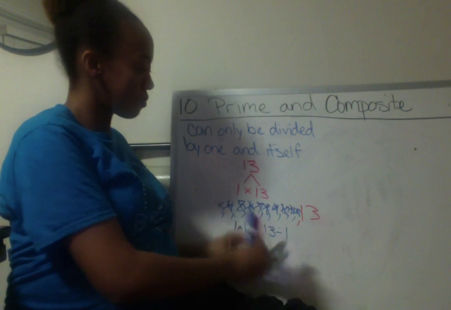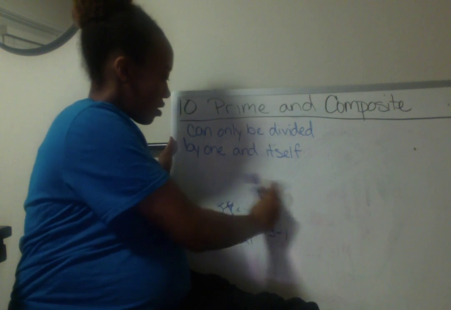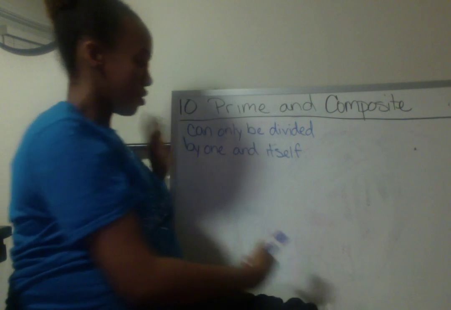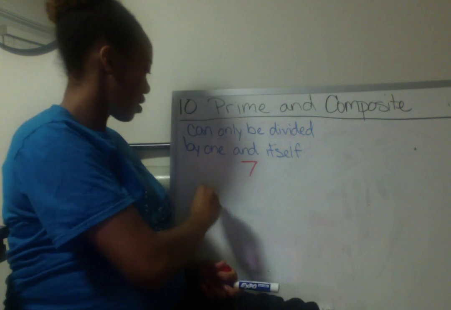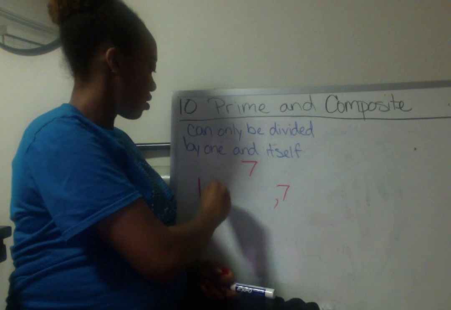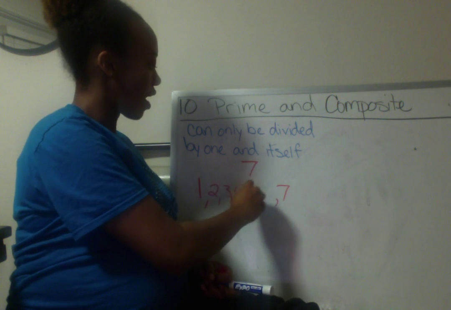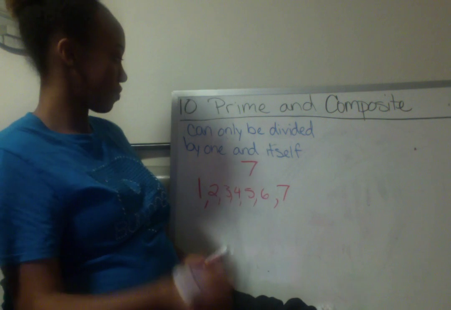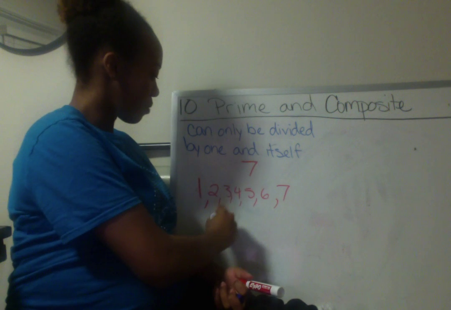Let's see another one. Seven. The numbers that fall between 1 and 7 are 2, 3, 4, 5, 6. Can I divide 7 by 1?